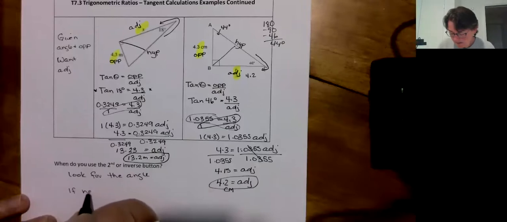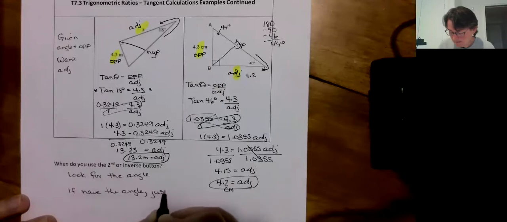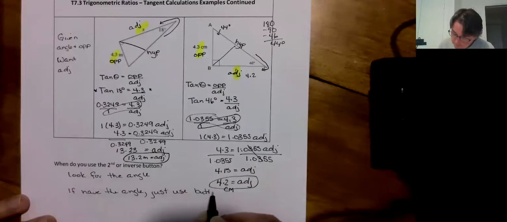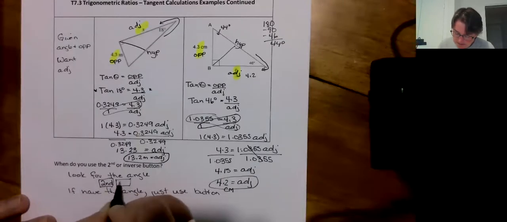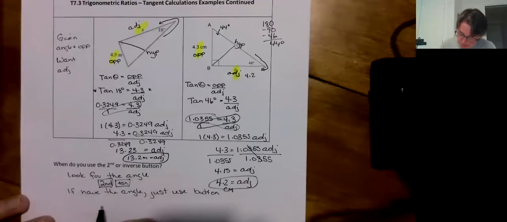If you have the angle, just use the tangent button. So this would be where you would go second, in this case tangent, and this one would be just tangent. Okay.